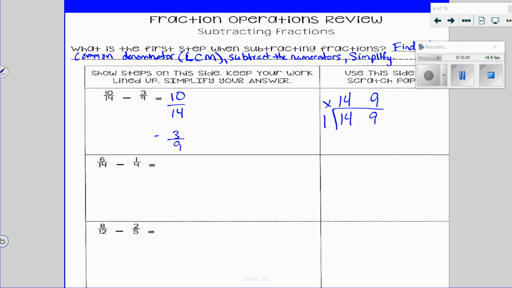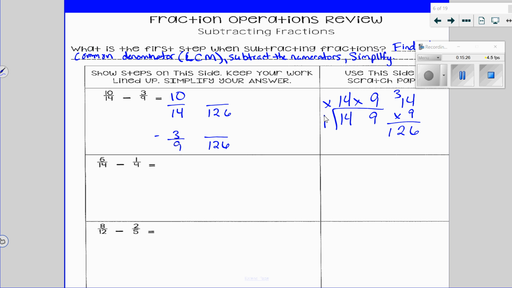So 1 times 14 is? And 14 times 9 is? Let's find out. 9 times 4? 36. Carry my 3. 9 times 1? 9. Plus 3? 12. So I get 126 as my denominator.